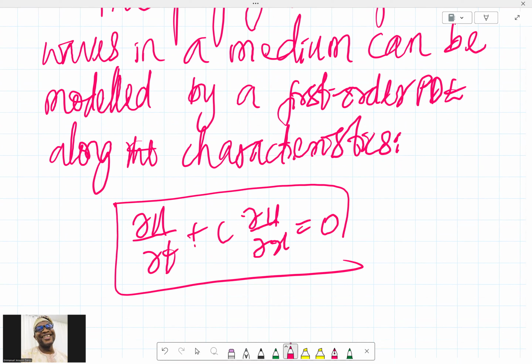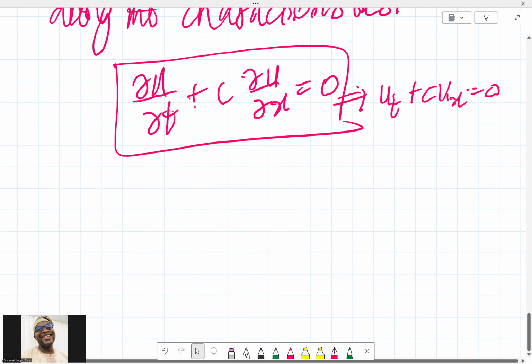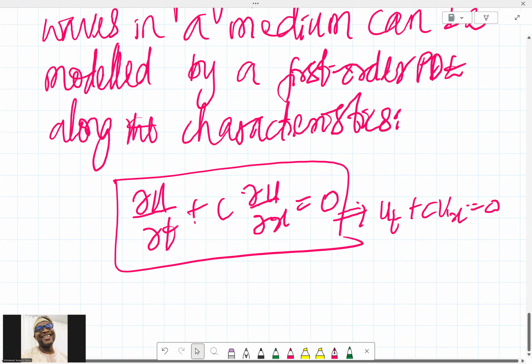Of course, it's the same thing as u_t plus c u_x equals 0.